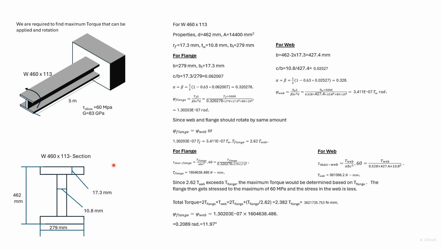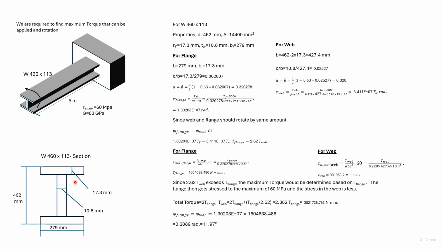We start with the flange, so we know B and we know C. B by C is greater than 5, and we find alpha and beta using the equation. We then find phi flange in terms of the torque in the flange, or TF. We have substituted the value of beta and the other dimensions here.